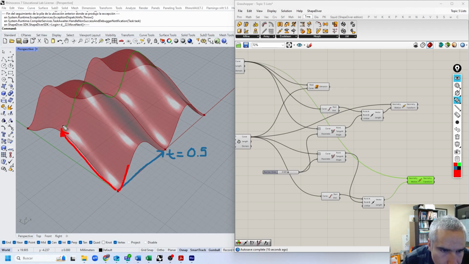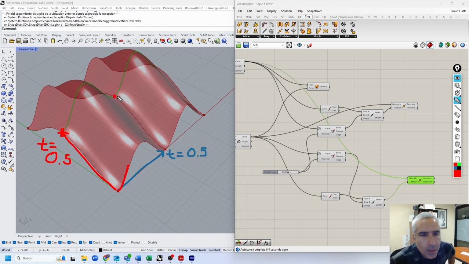And that point there is at t 0.5. All right, so it's all fine, it's all good. Both of these curves, sorry, lie on the surface.